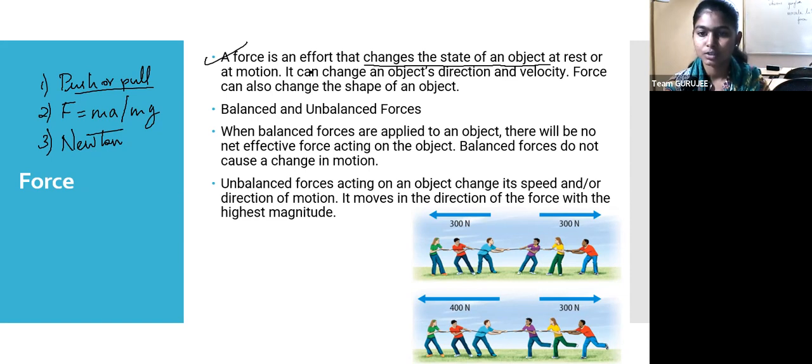Okay, so this is what a force is, and in force there are two types. One is balanced and another one is unbalanced forces. Balanced forces are like this picture you can see. When a force is applied on both sides in equal amount in opposite directions, then the forces on either side cancel each other.